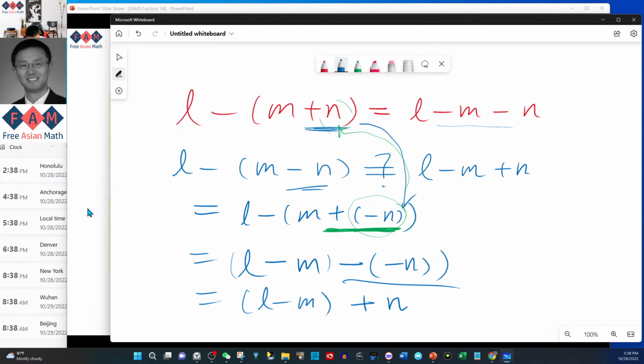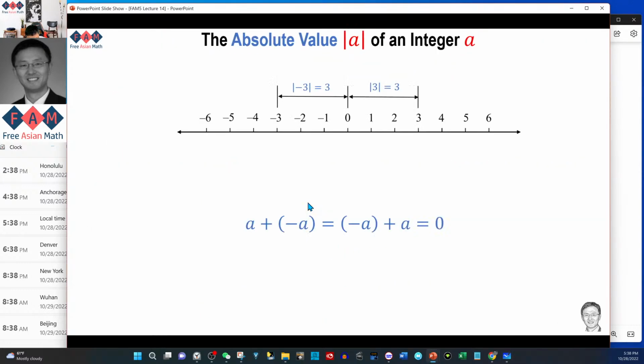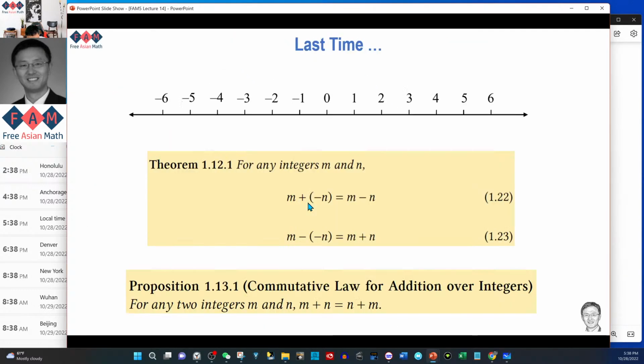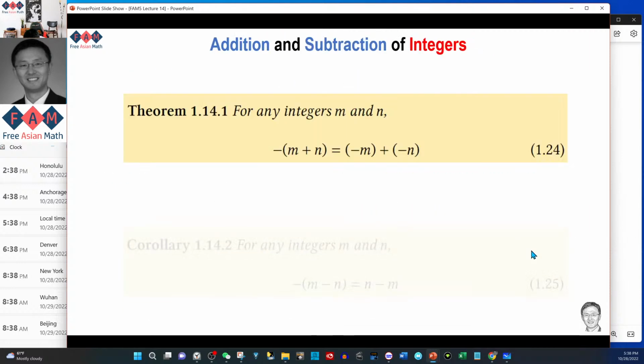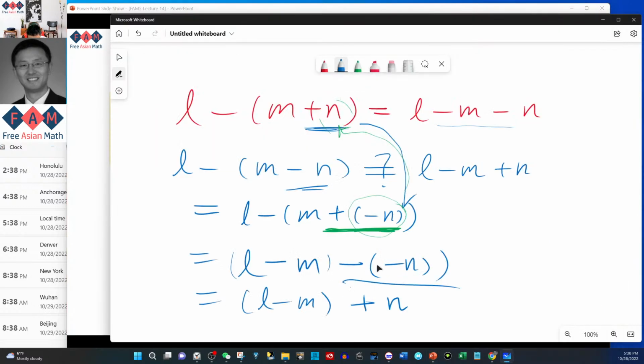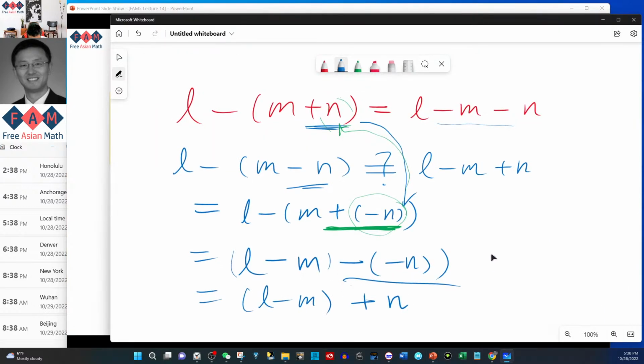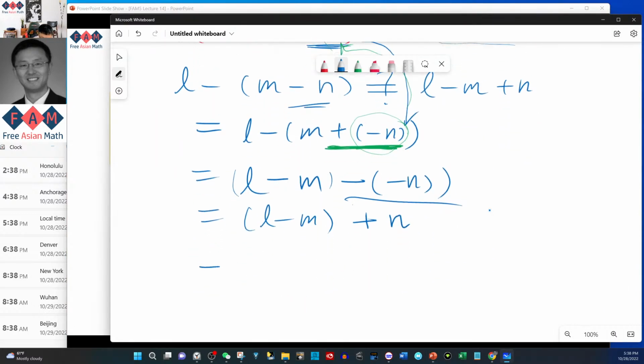If you forget, subtracting the negation of n is adding that number, equation 1.23. So M subtracting the negation of N is just M plus N. Because of that, here we have this, subtract negative N. But what is this? This is, of course, what we just wanted.